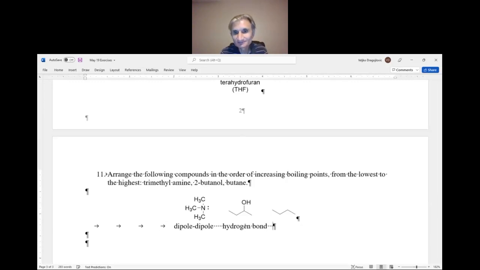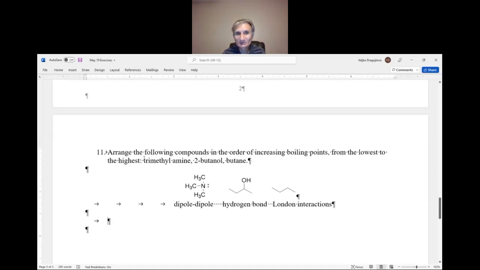And of course, butane, having only carbon-carbon and carbon-hydrogen bonds, is nonpolar, only London interactions. And so you know the strength of intermolecular interactions: this is how you would answer the question. It's London, then dipole-dipole, then hydrogen bond. But you're supposed to arrange these compounds. So you would write butane, then higher boiling point is that of trimethylamine.